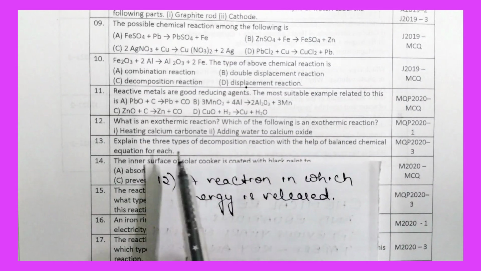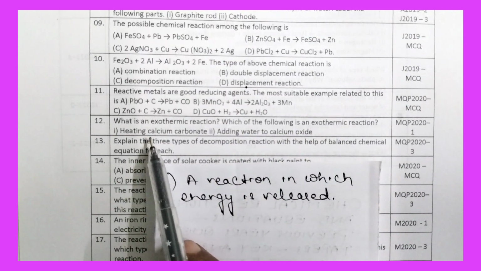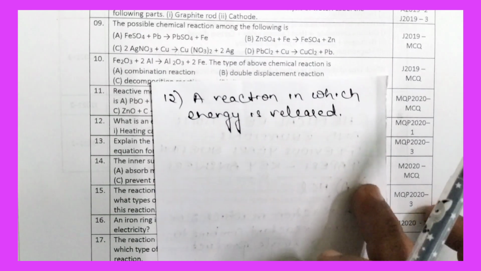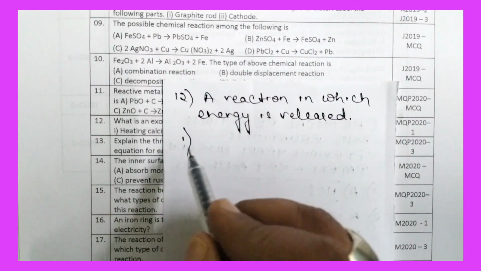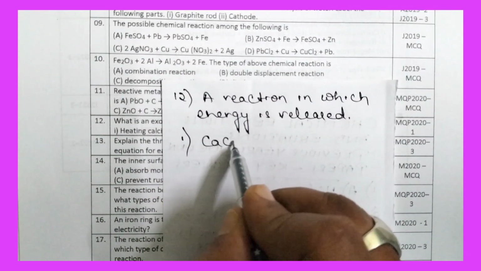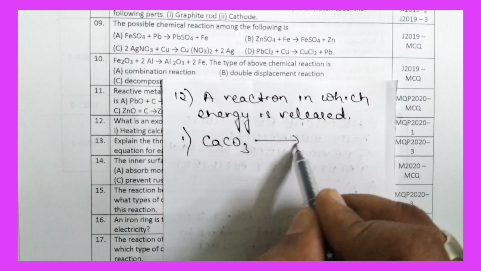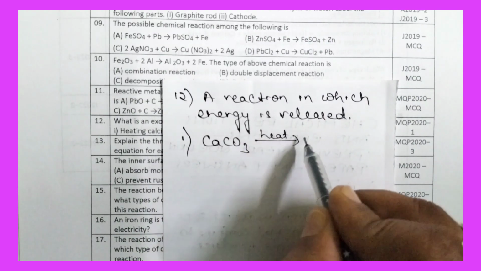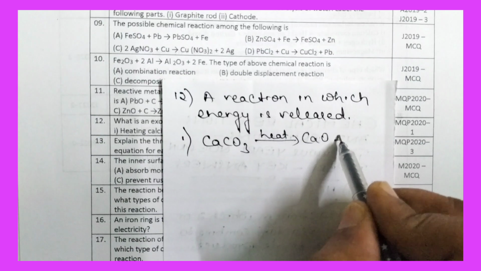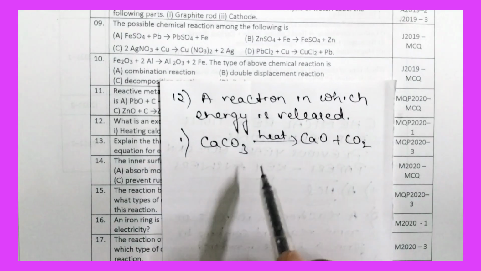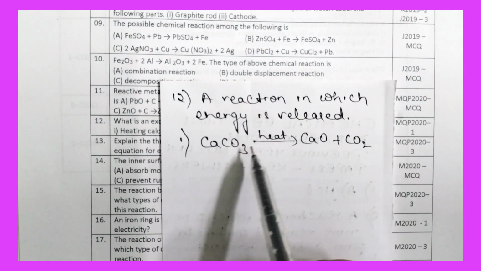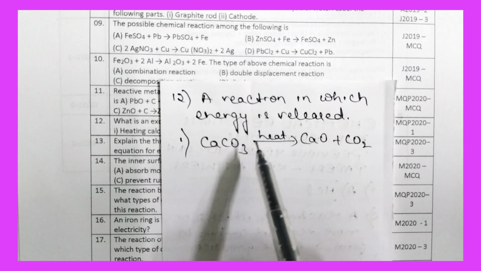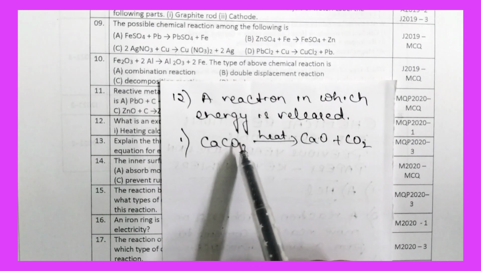Which of the following is exothermic reaction? Heating calcium carbonate is the first option. So heating calcium carbonate, CaCO3 gives CaO plus CO2. So this is not exothermic reaction, it is endothermic, because here heat is absorbed.